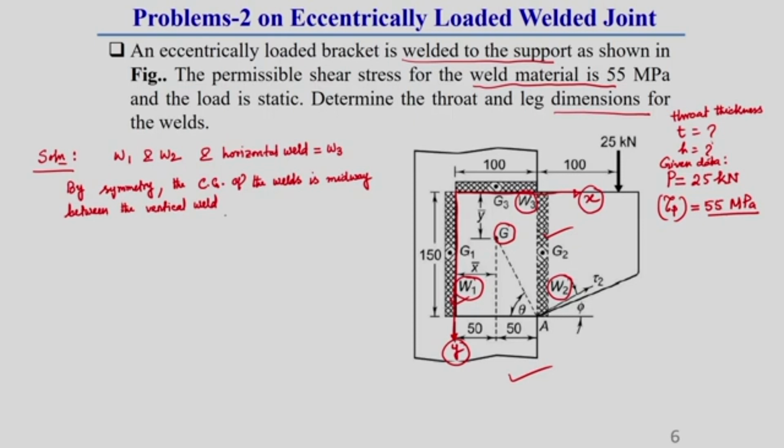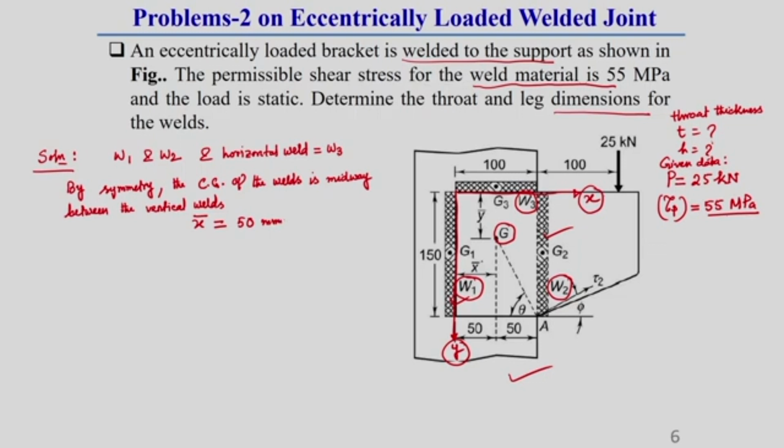By the symmetry of vertical welds W1 and W2, the CG of the weld is midway between the vertical welds. So x bar is equal to 50 millimeter, from the symmetry itself.